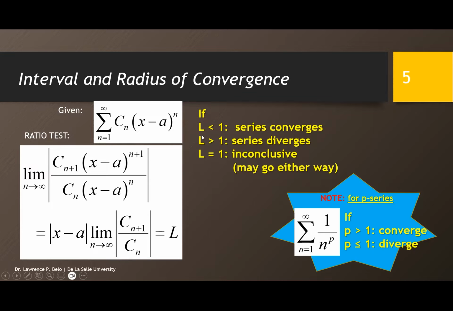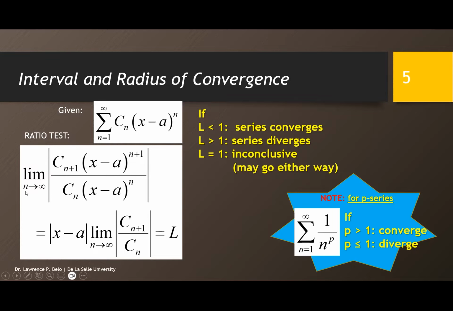What we do here is we solve for the limit, just like what it says here, the limit. So how do we solve for the limit? What you'll notice is that you take the series and then instead of n, make it an n plus 1. So c sub n plus 1, x minus a raised to n plus 1 all over the original function. You can see here that since they're the same, n plus 1 over n, we can bring that out.